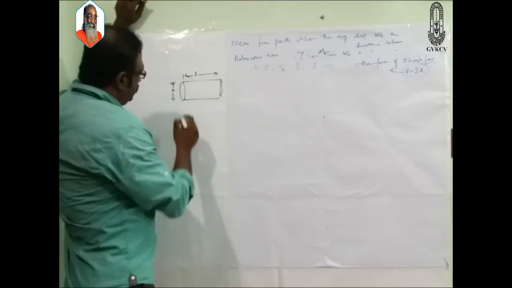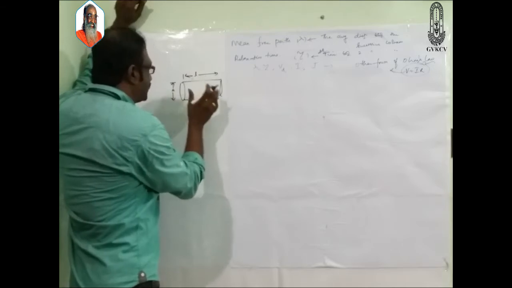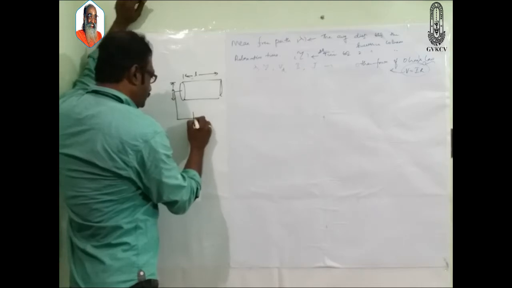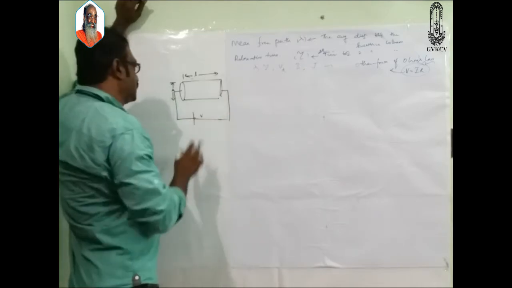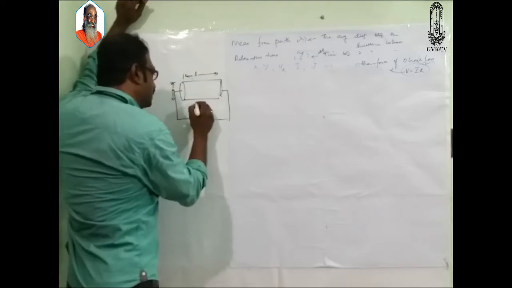Now if a potential difference V is applied across its ends, an electric field E is developed in the conductor.